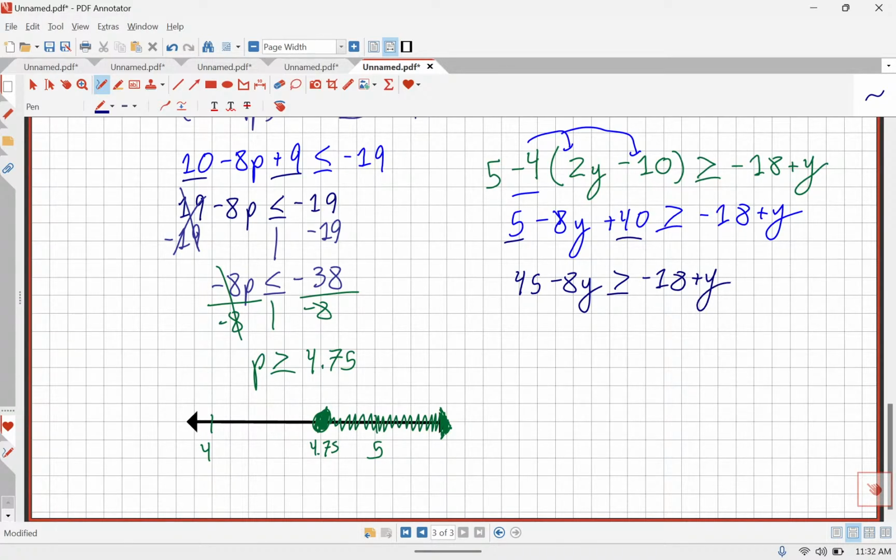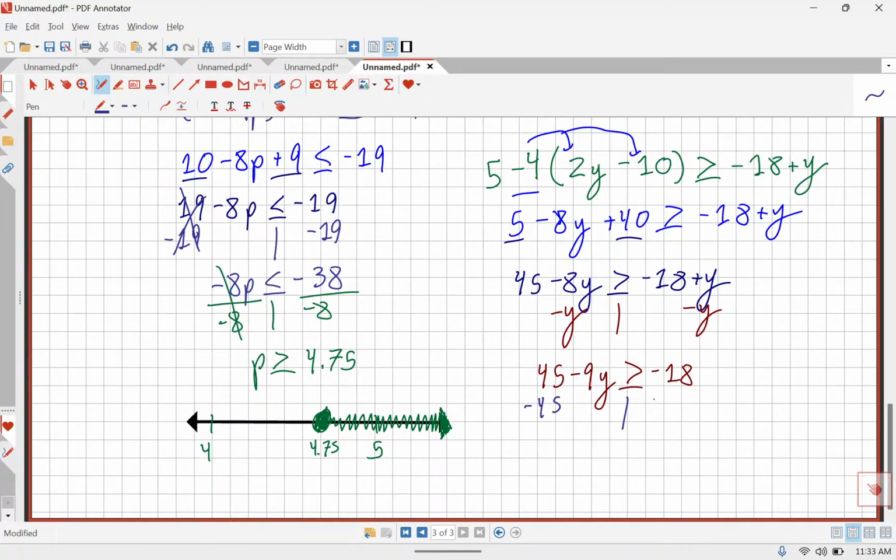And now we're looking at a double-sided equation. So, Wahida, what are we going to do next to try to solve that double-sided equation? We can subtract y to get rid of a plus y. That's going to give me 45 minus 9y is greater than or equal to negative 18. And now this is a two-step inequality. In the interest of time, I'll take care of it.